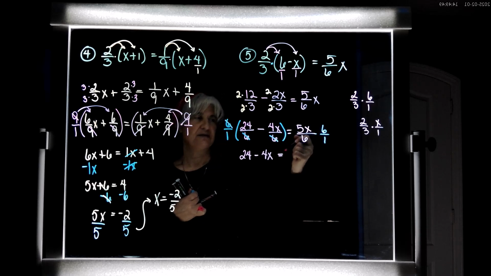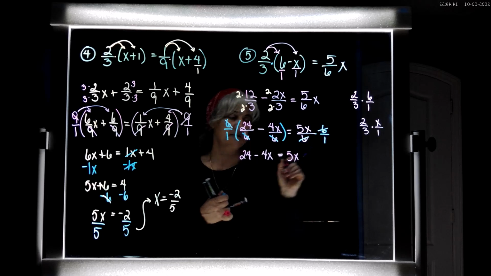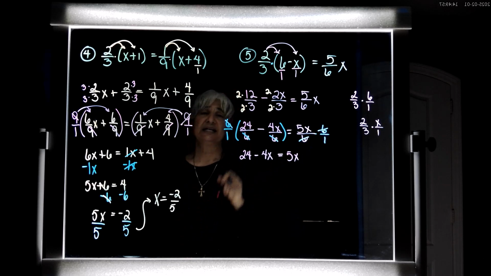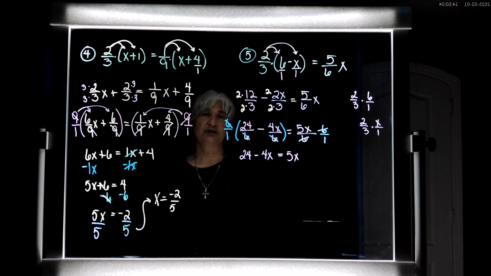And on the right, yep, those 6's are going to drop also, which leaves you with the simple 5x. Doesn't it? Okay, how are we doing? Does it make sense to cancel those denominators once they're the same? Yeah, it's extremely simple to do. So why not get rid of them?